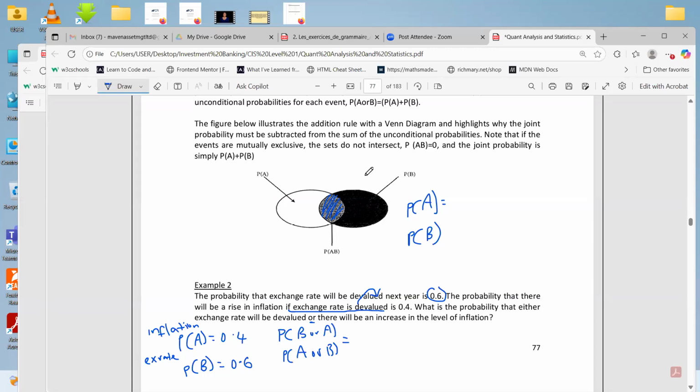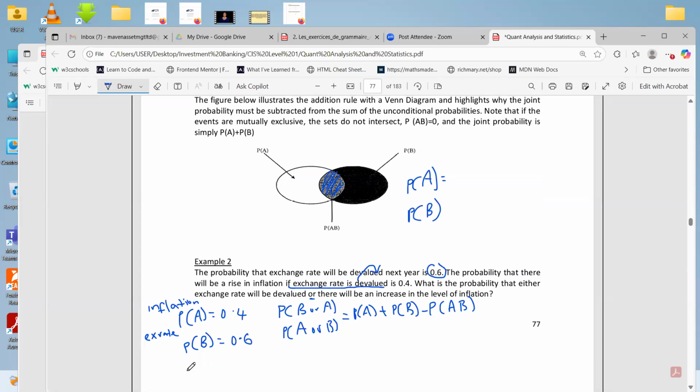When you have probability of A or B, the formula says that you should go the probability of A plus the probability of B, then take away the probability of the intersection A, B. So first, we know the probability of A, 0.4, we know the probability of B, but we do not know the probability of AB.